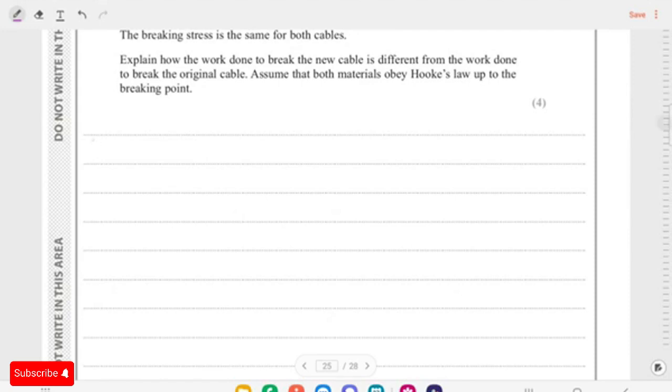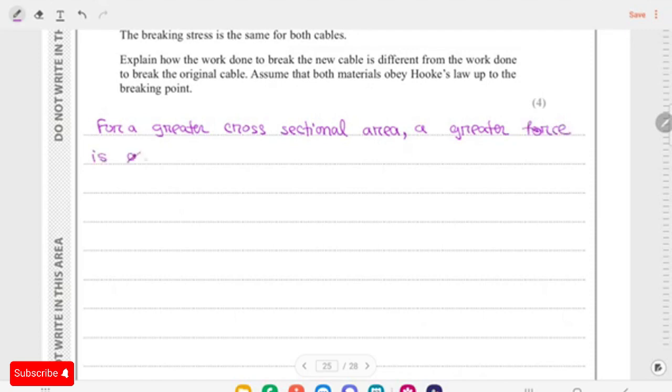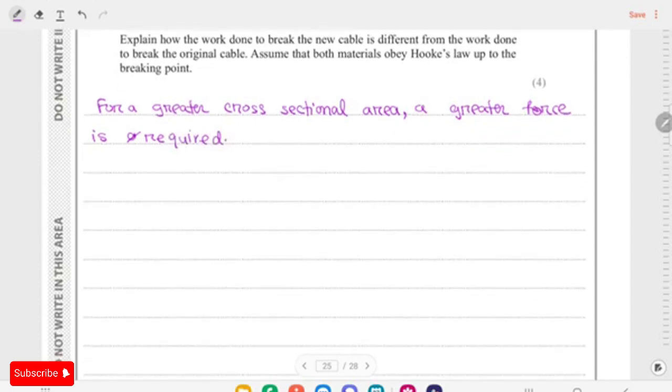So we will write that for a greater cross-sectional area, a greater force is required.